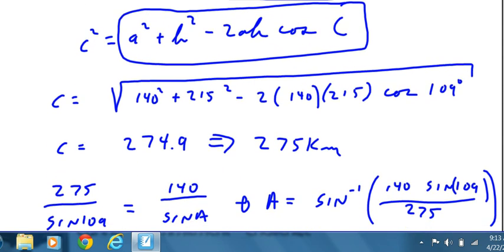Let's see if I can still have that in my calculator. 274.5, square root of 140. Okay, I can't see the whole number. It looks like I put it in my calculator right.